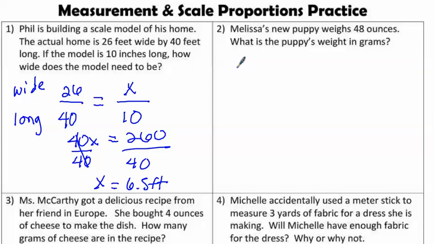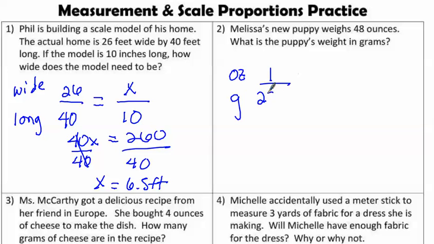In problem 2, Melissa's new puppy weighs 48 ounces. What is the puppy's weight in grams? So you're comparing ounces to grams. So when you look at your conversion, there is 1 ounce to every 28.35 grams.